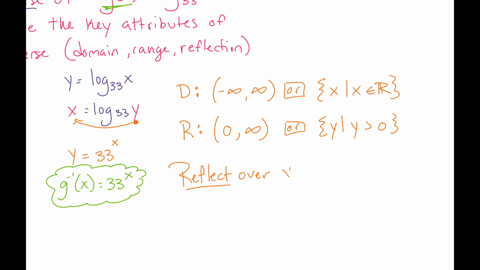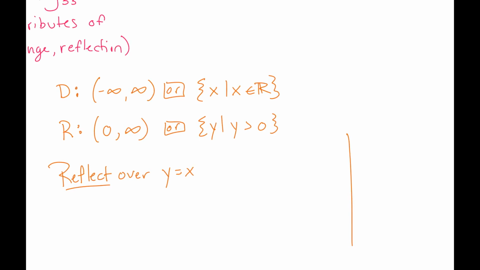Y equals X. Every single time you're reflecting over y equals x. That's that diagonal line, right? So if we have this exponential and this log, we're reflecting always over this line, y equals x. Always, always, always.